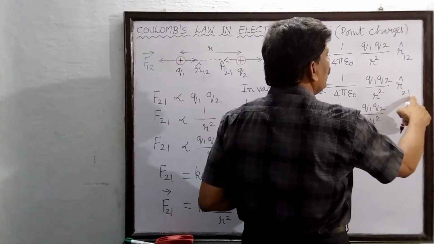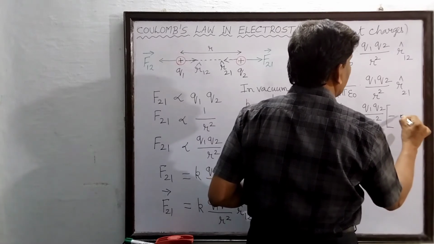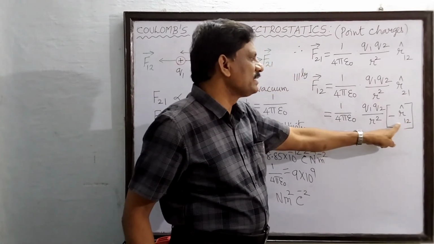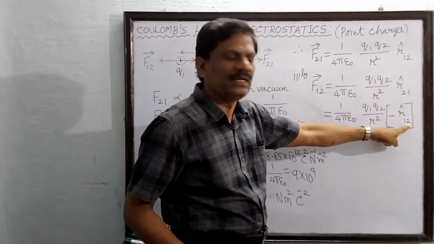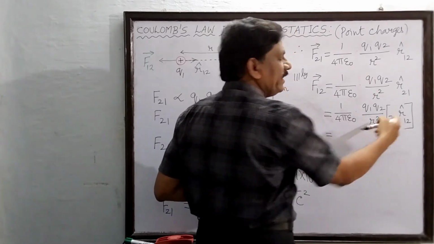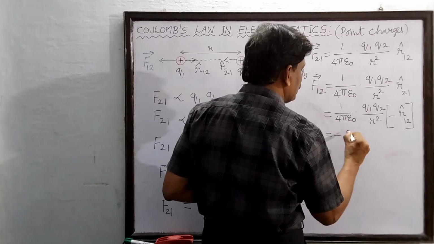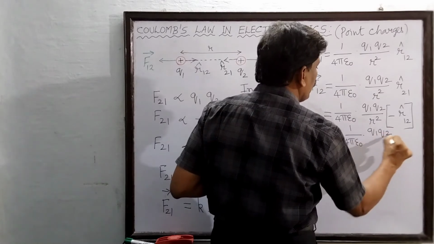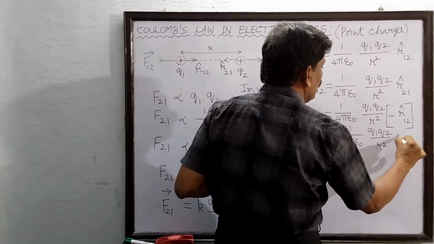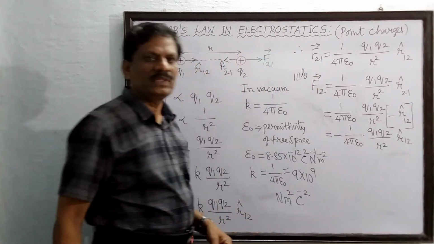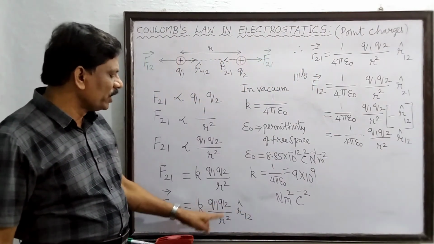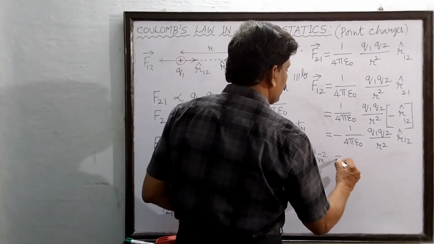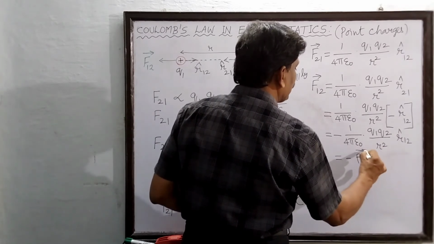So instead of r21 cap, I can also write minus of r cap 12, is it not? r cap 21 is nothing but a negative of r cap 12. So this minus sign is taken out, and this is minus 1 by 4 pi epsilon naught into Q1 Q2 by r square into r cap 12. Now already we have written K into Q1 Q2 by r square into r cap 12 is equal to F21. So this is now equal to minus of F21 vector.